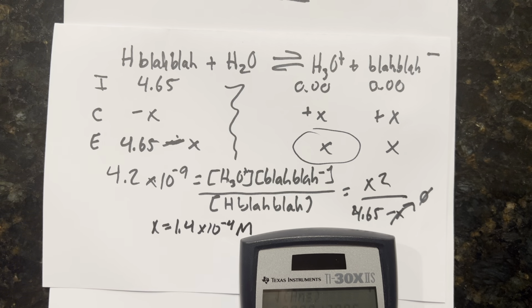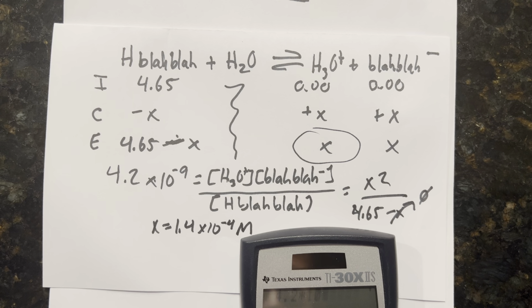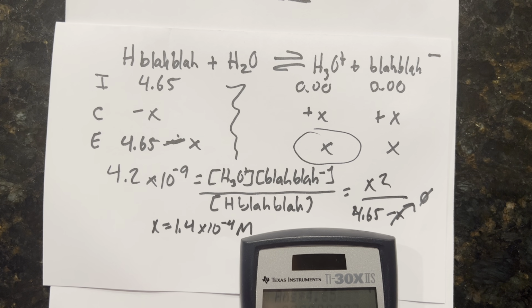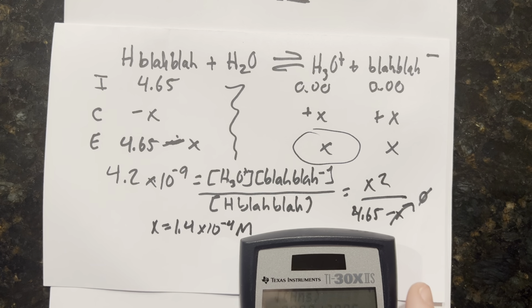I'm going to do it again just to make sure. 4.2 times 10 to the negative 9 times 4.65. And then I'm going to take the square root of that. Again, I get the same.